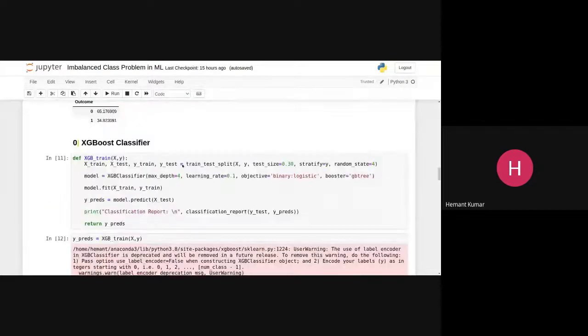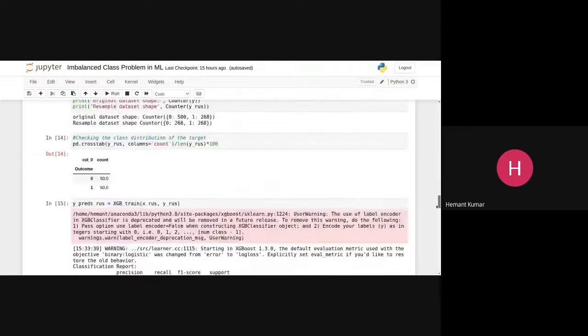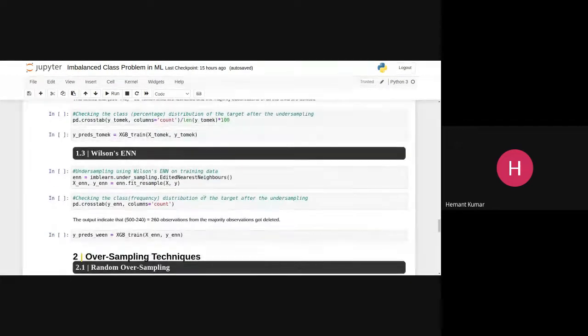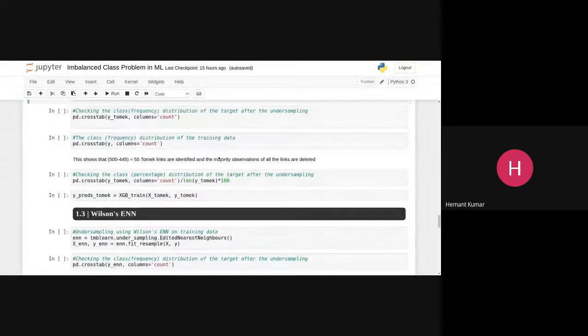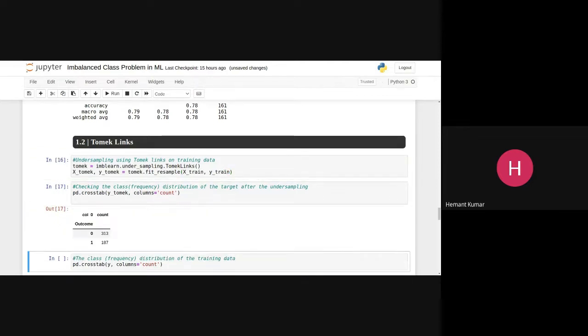So in that case, we pick the train and test split data, which is X train and y train. The outcome is 313 and 187, because we picked 70% of the data samples.